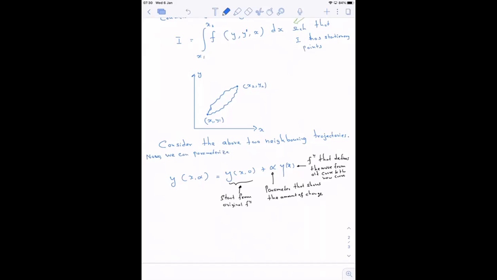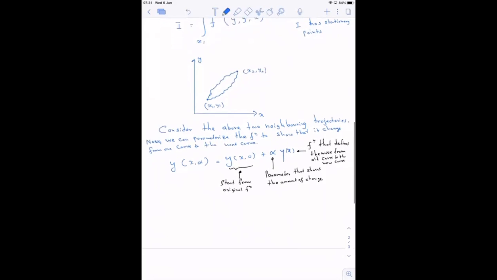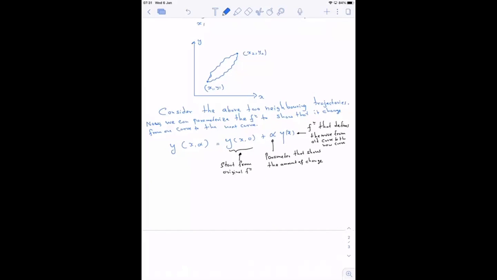So I'm just explaining what I have written here in the equation, just to explain this equation that I have written here.